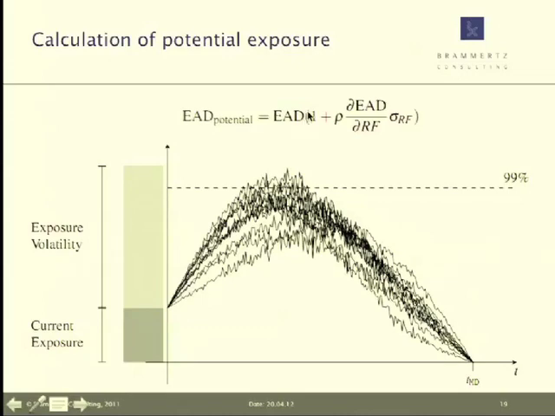Or you can express it simply in a formula if there is a simple relationship. The potential exposure is the exposure at default now, times 1 plus R, where R is the percentile number, the change of the exposure at default, the change of risk factor, times the sigma of the risk factor. That's simple, but there are some stability assumptions built in.